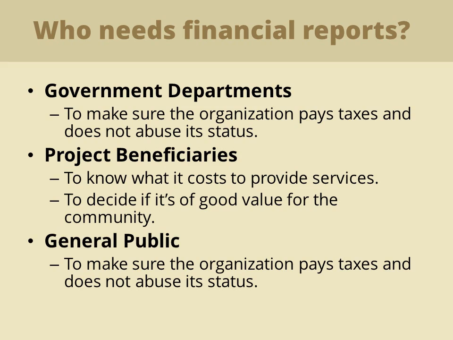Government departments need financial information to make sure that the organization pays any taxes due and that it does not abuse its status as a not-for-profit organization. Project beneficiaries need financial information to know what it costs to provide the services they are benefiting from and to decide if this is good value for their community. The general public need financial information to know what the organization raises and spends during the year and what the money is for.